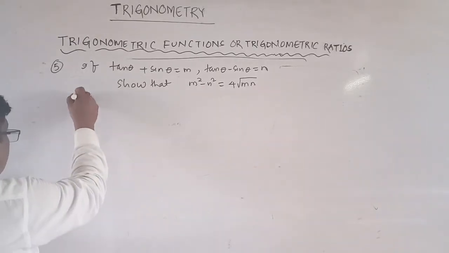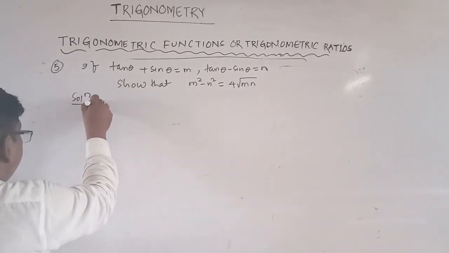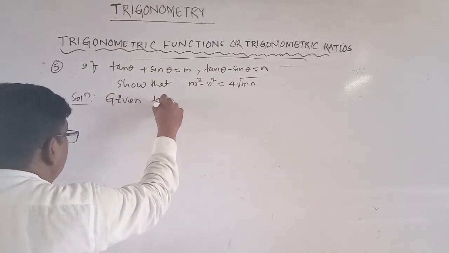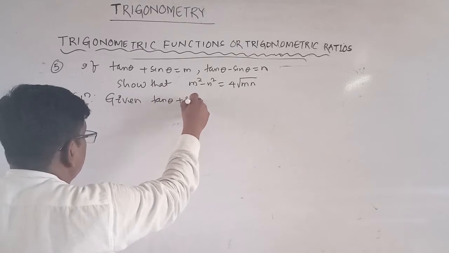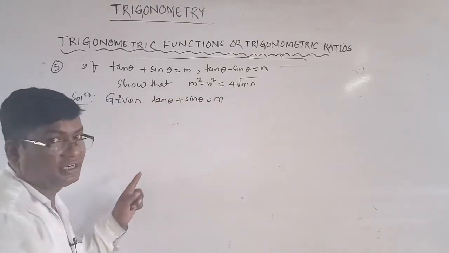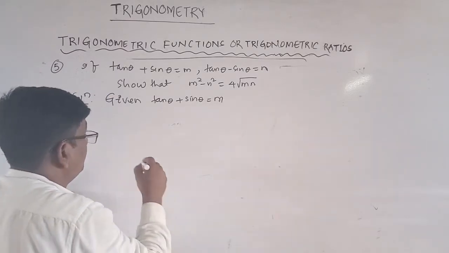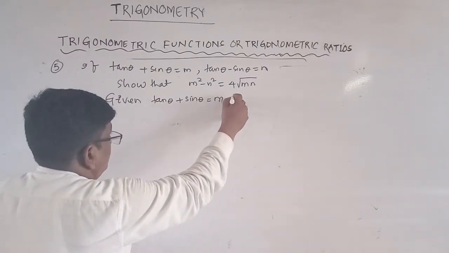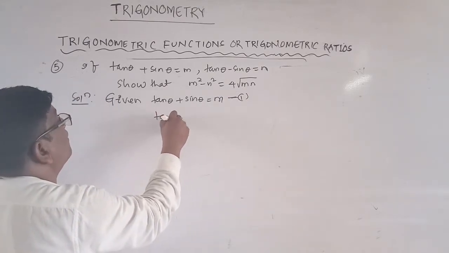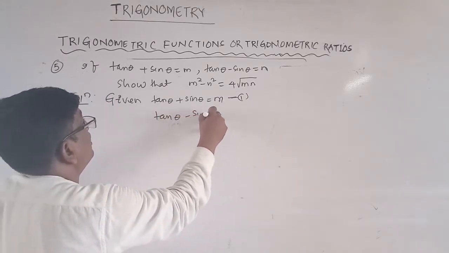Given, solution: tan theta plus sin theta is equal to m. This is equation 1. And tan theta minus sin theta is equal to n.